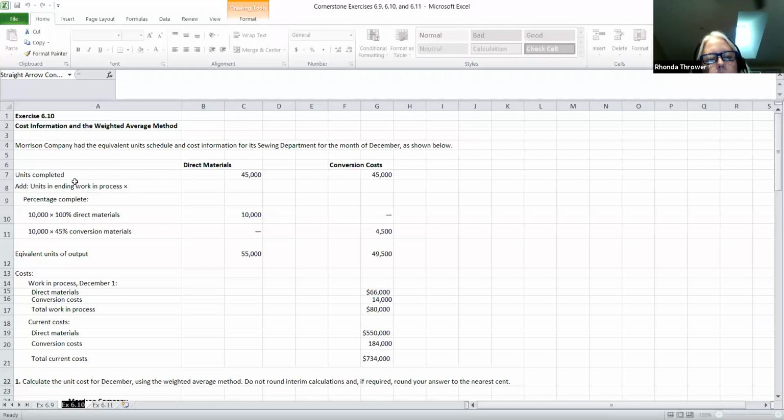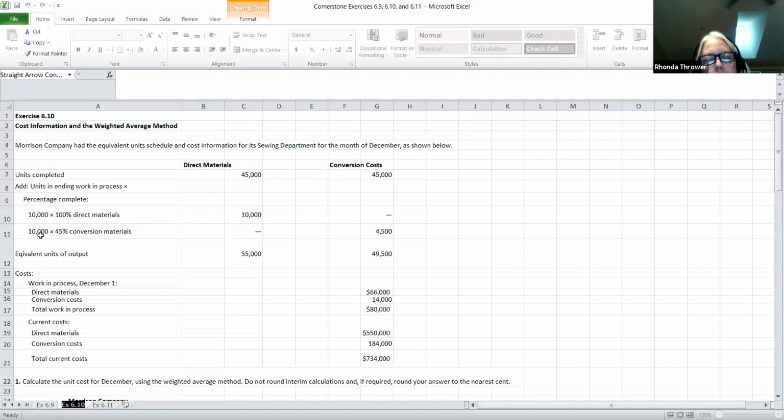And notice what they've shown you here were the units that you finished and transferred out of work in process. This was given. The ending work in process was 100% complete with respect to materials, because all the materials are added at the beginning of the process. For the conversion, the ending inventory was not completed. They only finished 45% during this period of time.